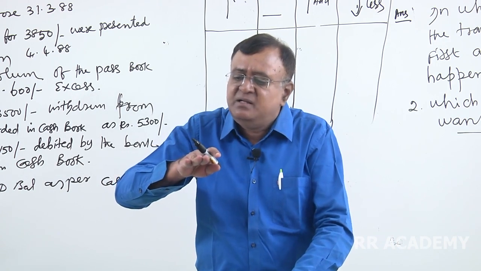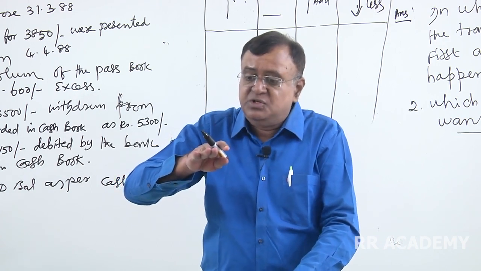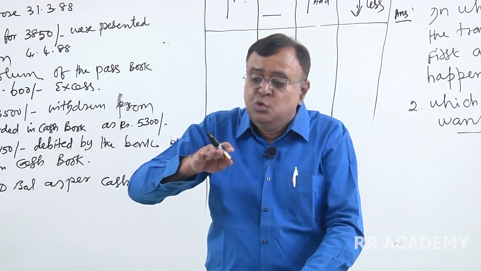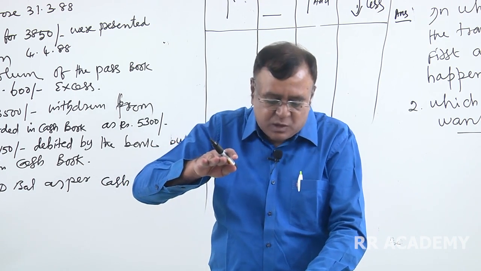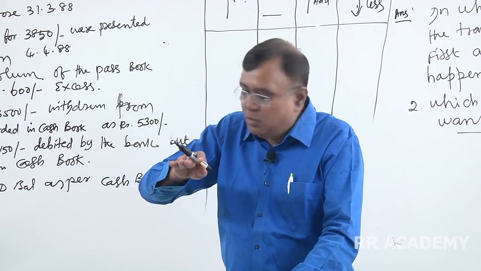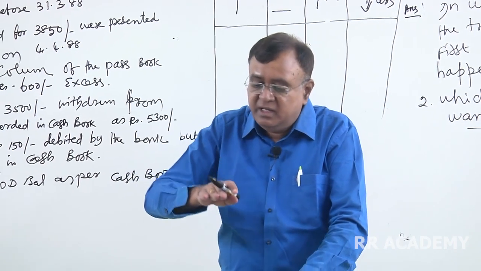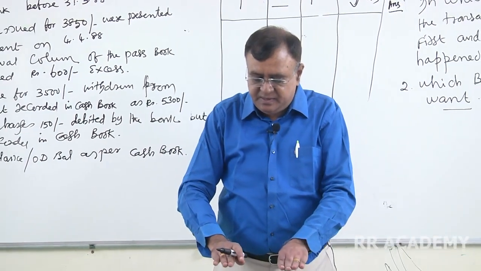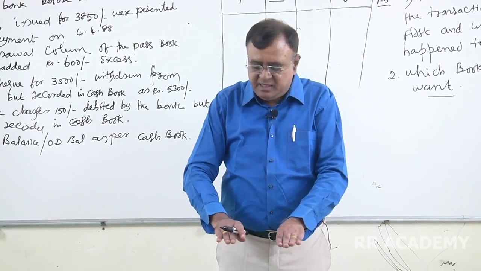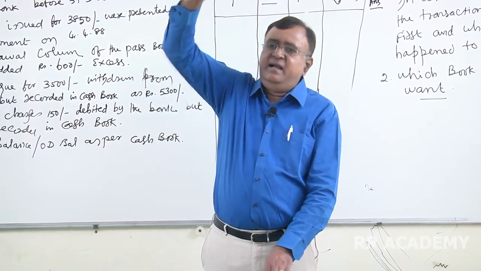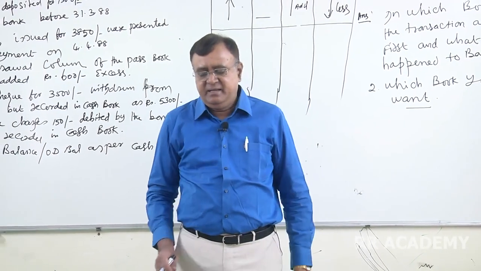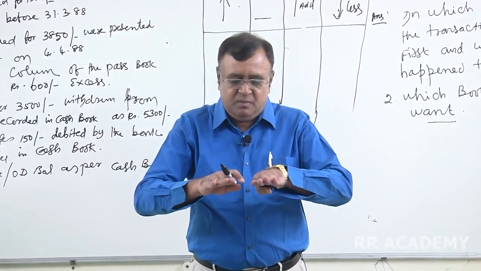So passbook balance same. Second question: which book balance do you want? You want the cashbook balance. Which book balance is given? Passbook. Therefore, less. Because it is overdraft, add.